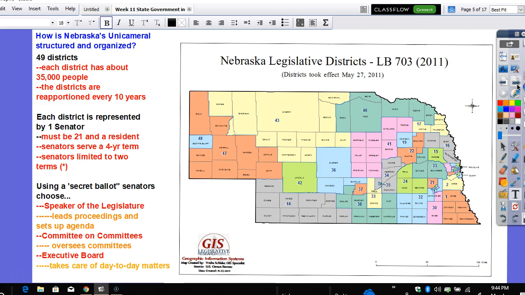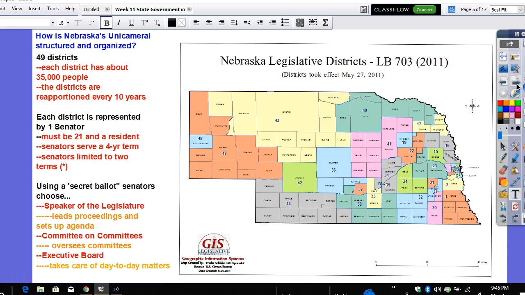Many people here in Nebraska get this term senator mixed up because Nebraska has 2 U.S. senators in the U.S. Senate. Senator Ben Sasse and Senator Deb Fischer represent Nebraska in Washington, D.C. But here at the state level, in our unicameral, we refer to our state legislators as state senators.